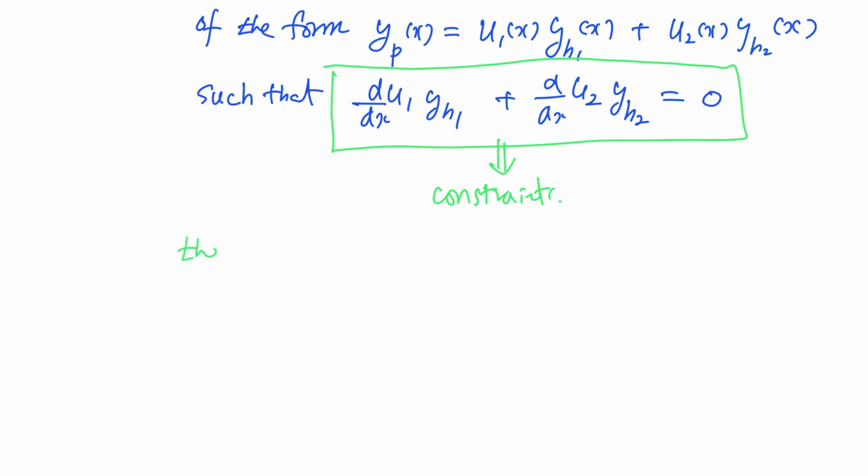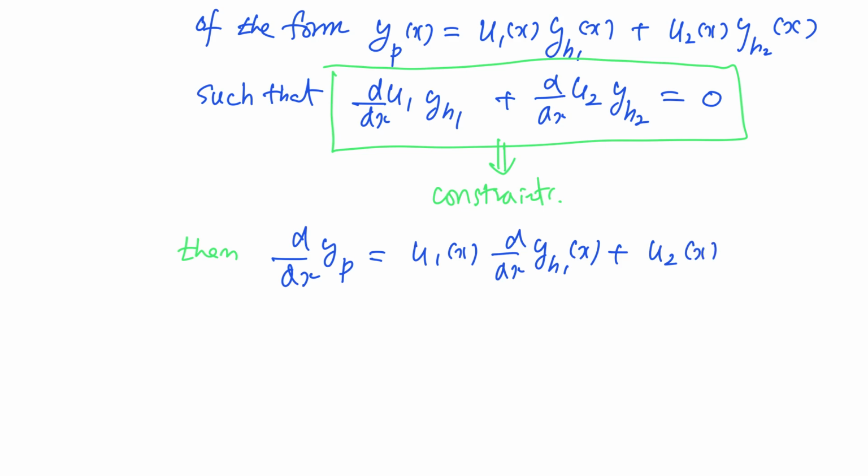Then dy_p/dx is the following: u1(x) dy_h1/dx plus u2(x) dy_h2/dx, right? And we have the following term: du1/dx y_h1 plus du2/dx y_h2.